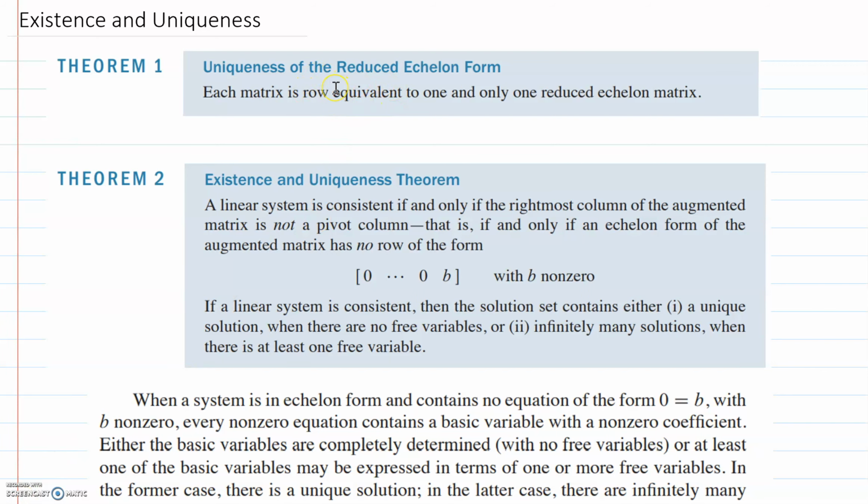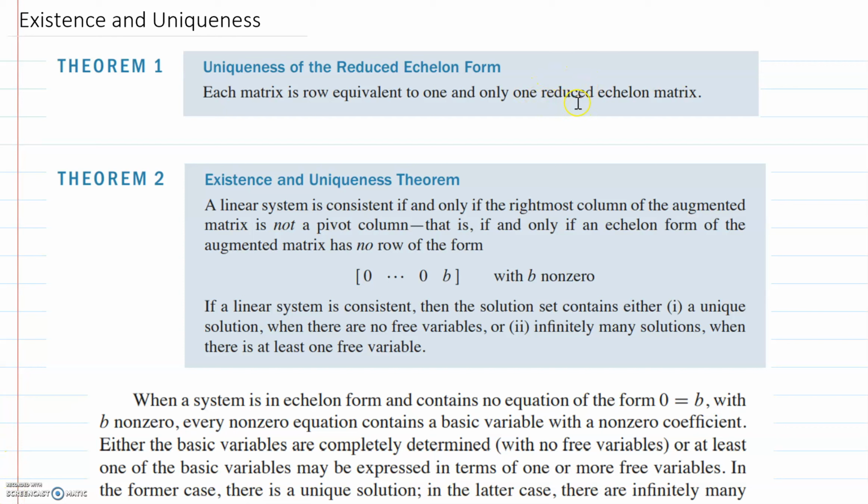And row equivalent means that you applied one of the three elementary row operations that we learned in the first section, like interchanging two rows, multiplying all entries in a row by a non-zero constant, or replacing one row by the sum of itself and a multiple of another. What we've been doing to get to echelon form.